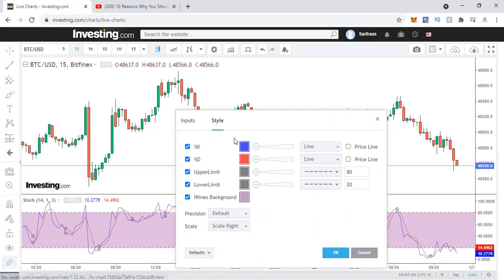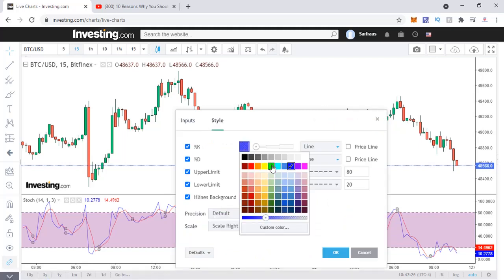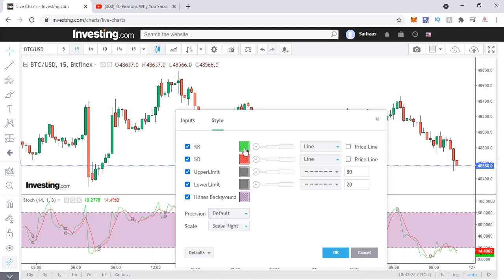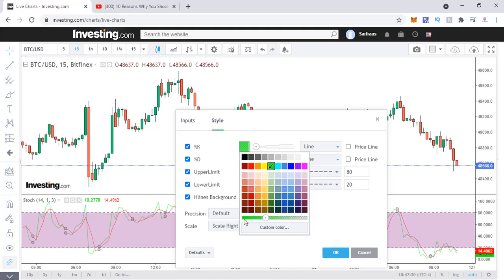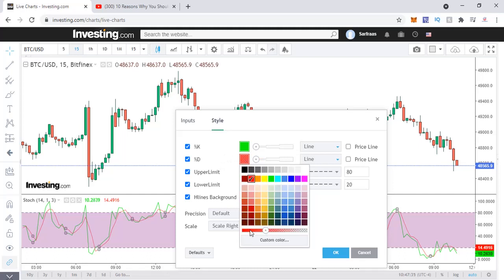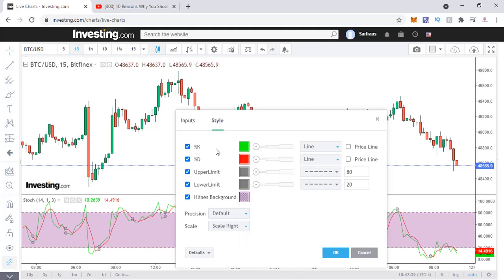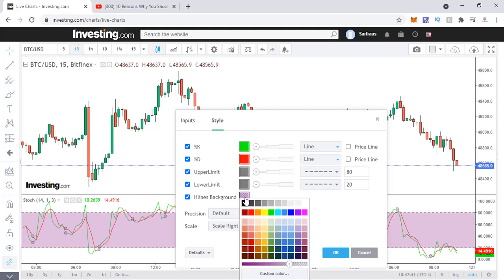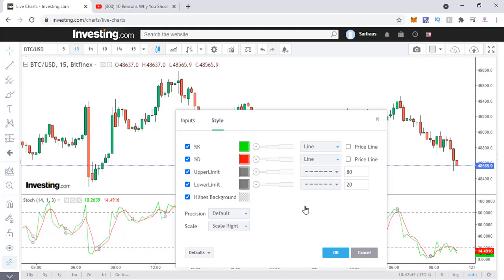I'm going to come to style and change this blue to green. The reason I have been always telling in the recent videos is that it's kind of a branding, and it's easy for your mind to pick up the crossovers and everything. So the background I'm going to eliminate over here for ease.